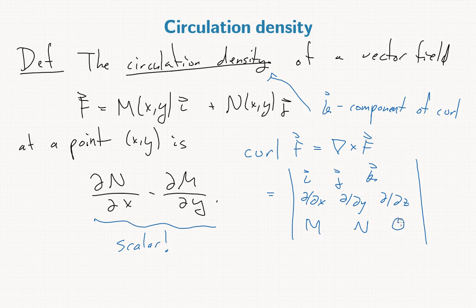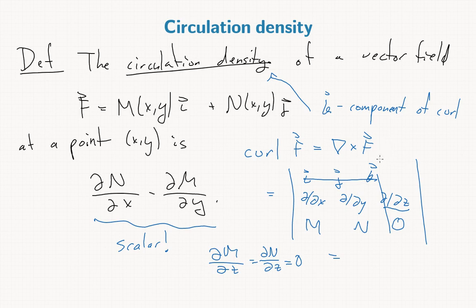So del M by del z equals del N by del z equals 0. When we evaluate this determinant, we really just need to calculate this.